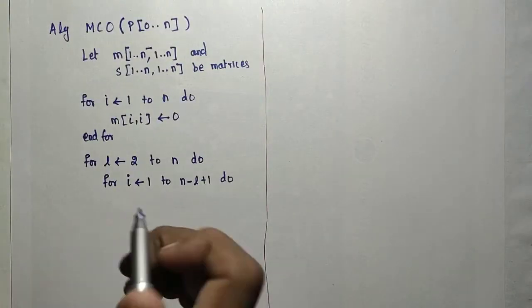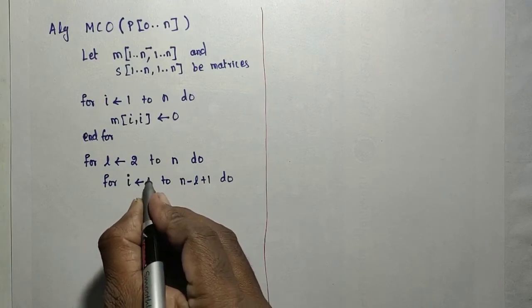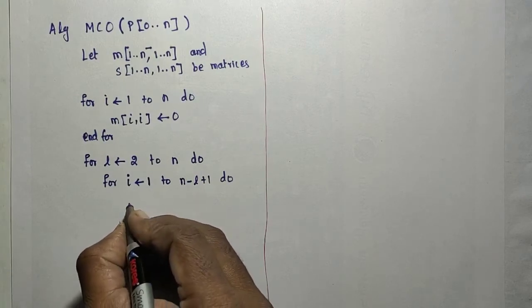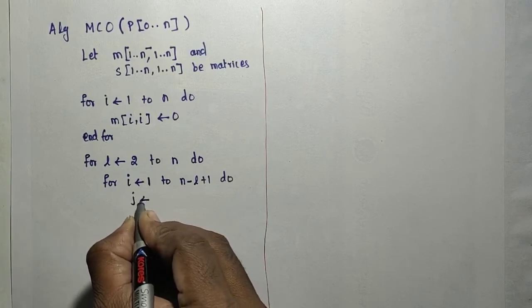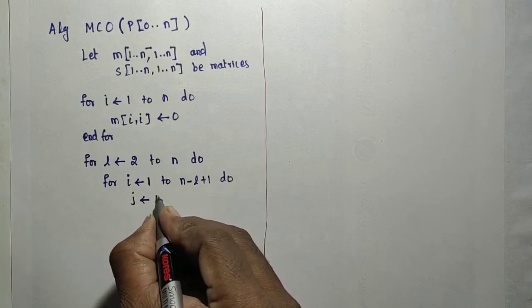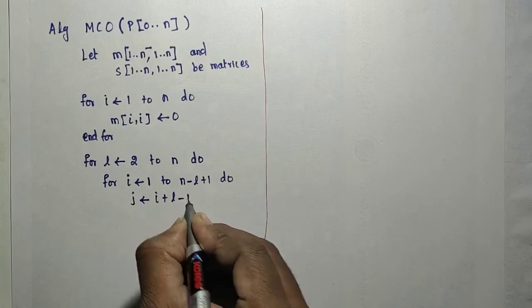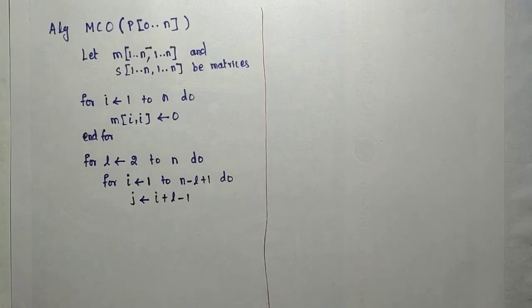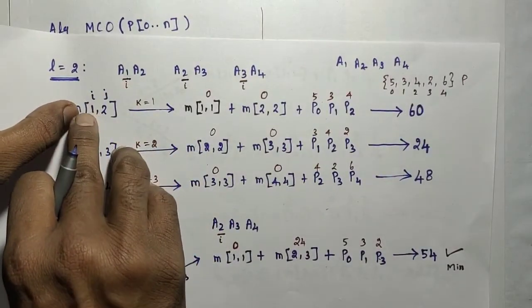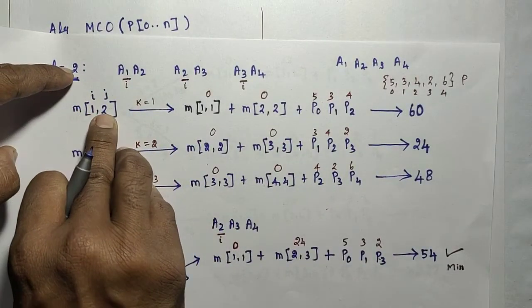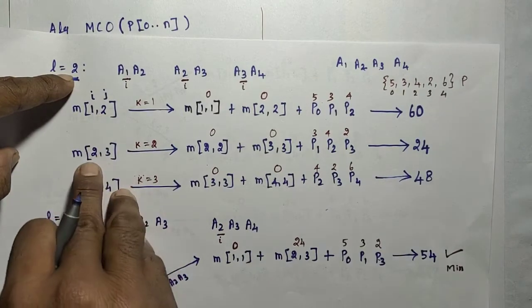So when i is pointing to 1, j equals i plus L minus 1. When L equals 2 and i equals 1, it is 1 plus 2 minus 1, so you get the j value.